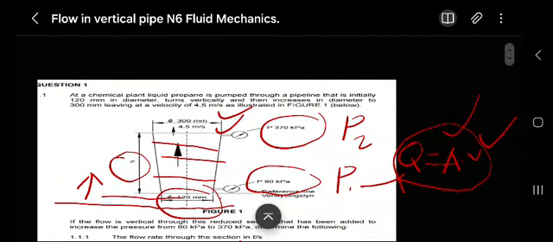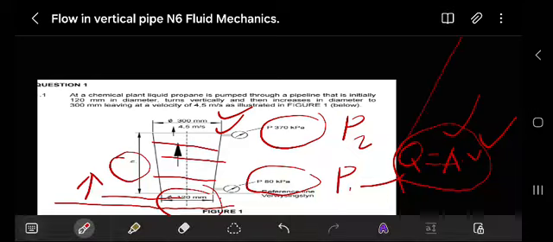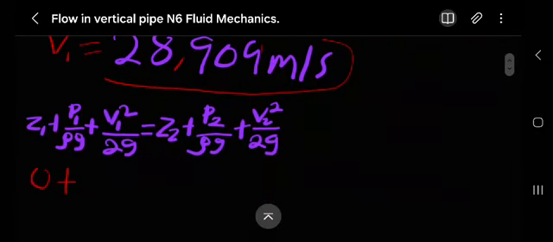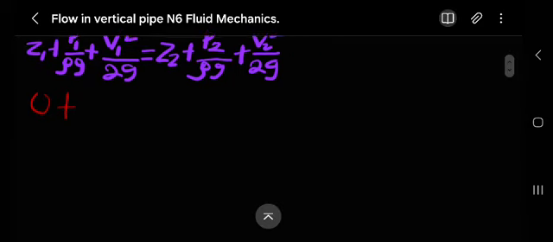Pressure 1 is 80 kilopascal, 80 kilopascal times 10 to the power of 3, divided by the density. It's water that is flowing, that means the density is 1000, times 9.81, which is gravity, right?